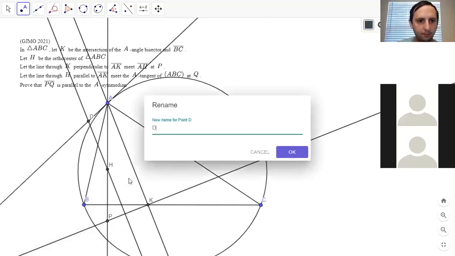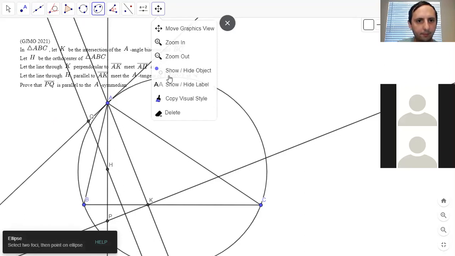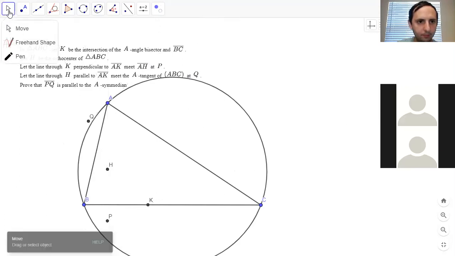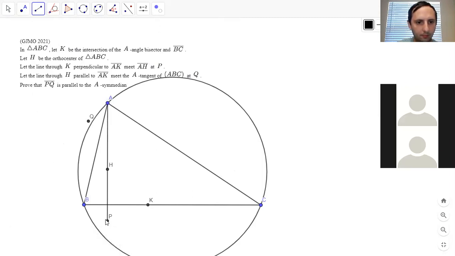All right. Interesting. So let me hide a bunch of stuff so that the figure looks nicer. Now hide this, this, this, this, and this. And it's tangent.